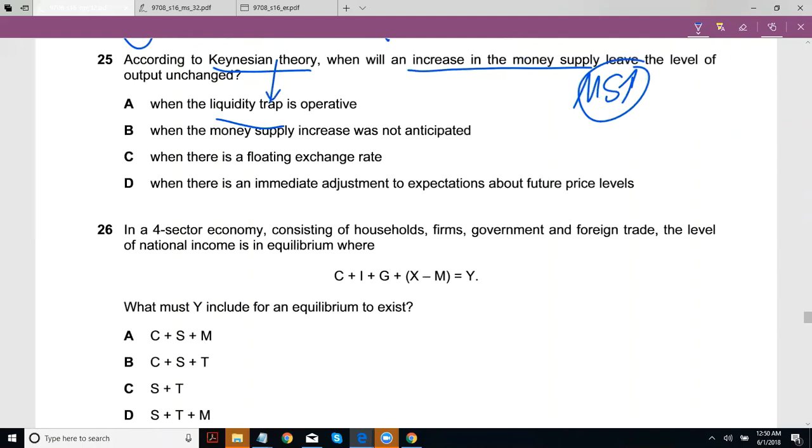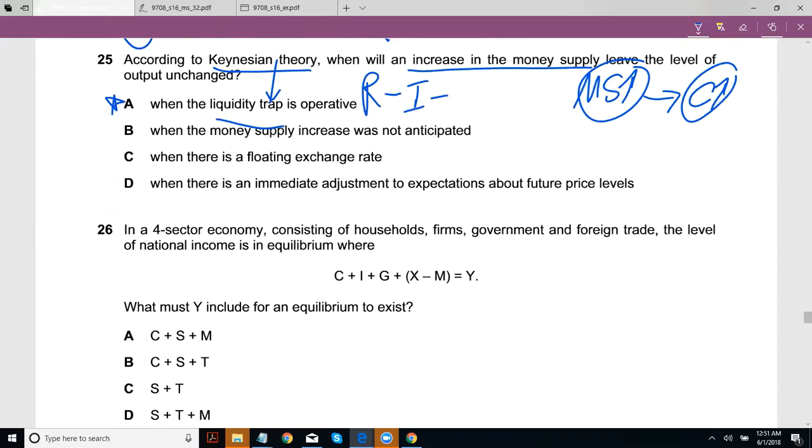The idea here is that your interest rates would remain the same, so your investment would remain the same. However, an increase in money supply might still encourage consumption, so the output could increase from that end. So let's keep this on hold for now.